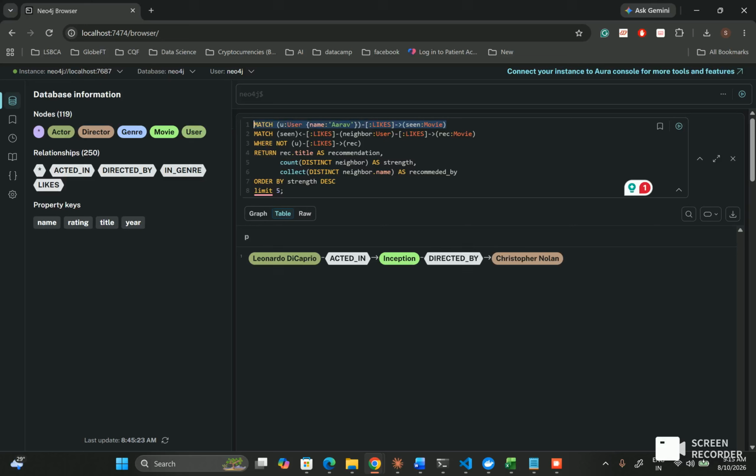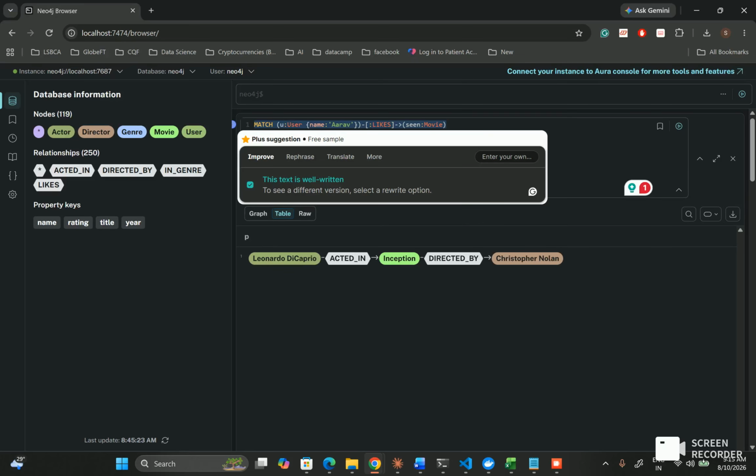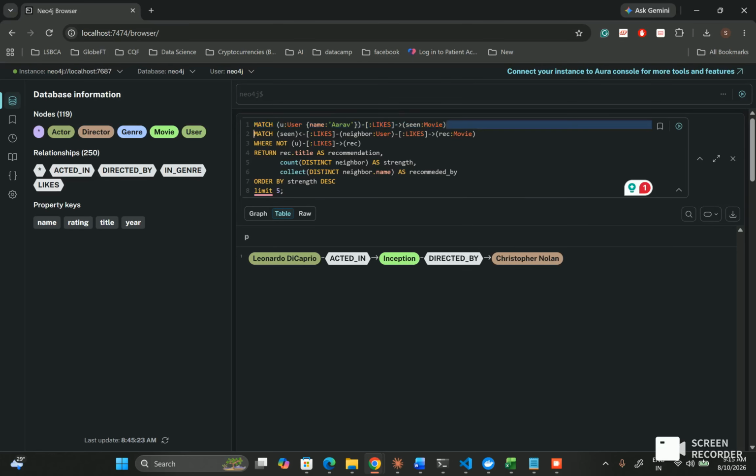Now this first line, first one: find every movie Arav already likes. Second, for each of those movies, find everyone else who also likes it.